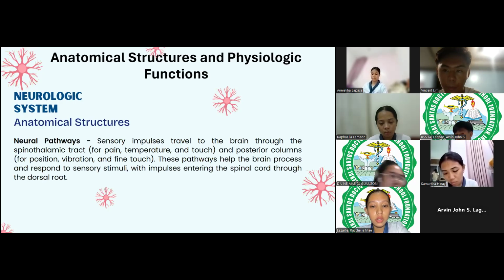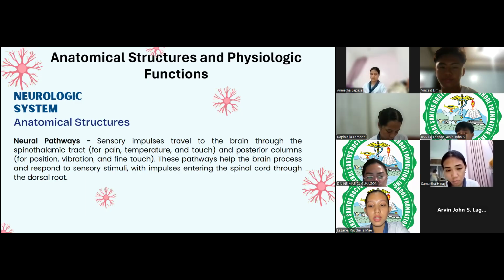And also the neural pathways, which are the sensory impulses that travel to the brain through the spinothalamic tract, which is for pain, temperature, and touch, and also the posterior columns, which are for position, vibration, and fine touch.